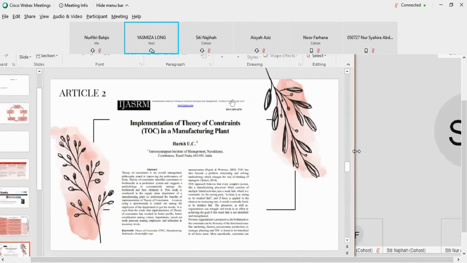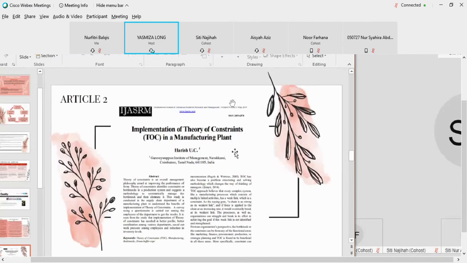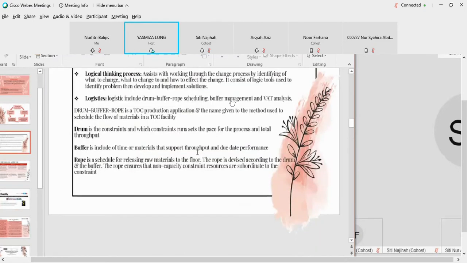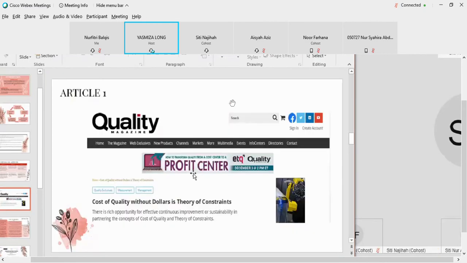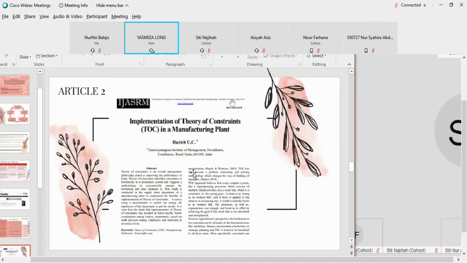Okay, about article 2. The issue is about the failure of controlling the raw material, isn't it? Because article 1 talks about the failure in controlling the raw material. It is similar to article 2 and also article 3. And then it is about supply chain management of the raw material, and they use the TOC, isn't it?